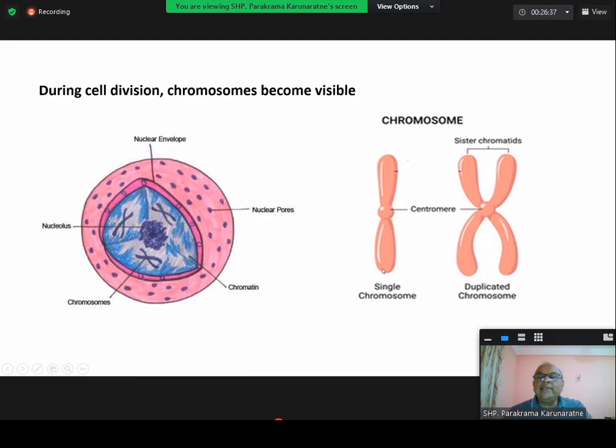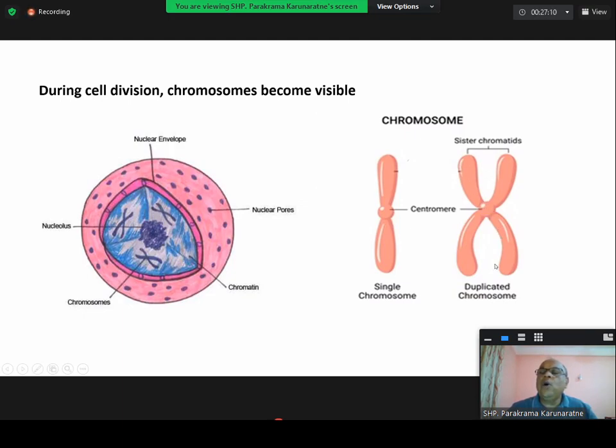This chromosome has DNA, and this DNA duplicates into two chromosomes. So this is how it happens. When they make two chromosomes, it is not dividing, it is duplication. Because of the duplication, now you can see two chromosomes and still they are attached at this place. It is the centromere.